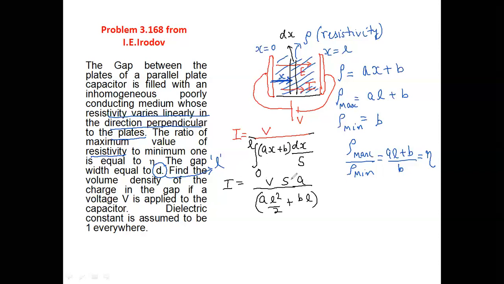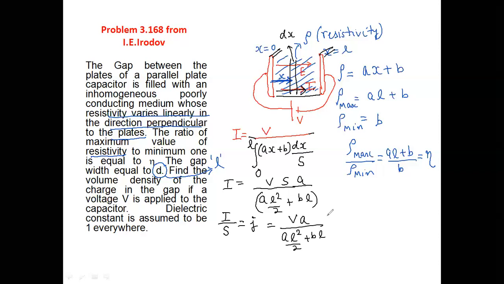Now this is the value of current. If you divide current by the cross sectional area, which is the same as the area of the plate, because if current is flowing from one plate to the other plate, the cross sectional area will be the same as the area of these plates, you can define it as current density J. So current density J is now V over (A L square by 2 plus B L).